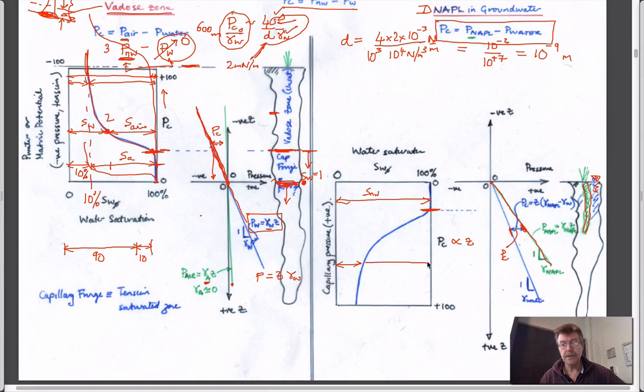Partially saturated with each of the two phases. So now this is the saturation of water, and this is the non-wetting component.